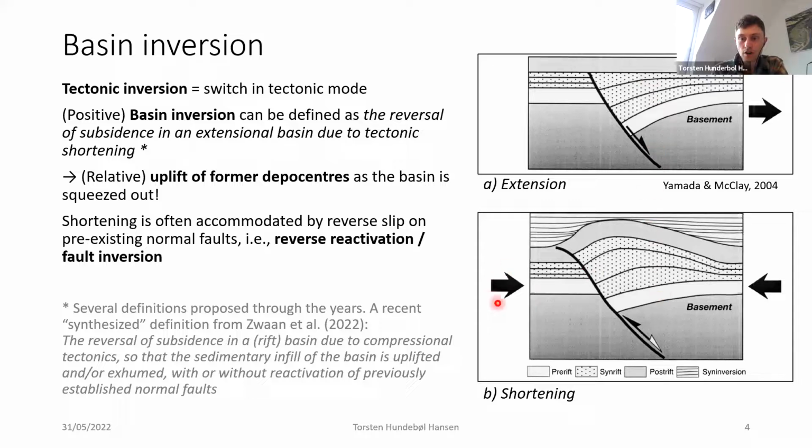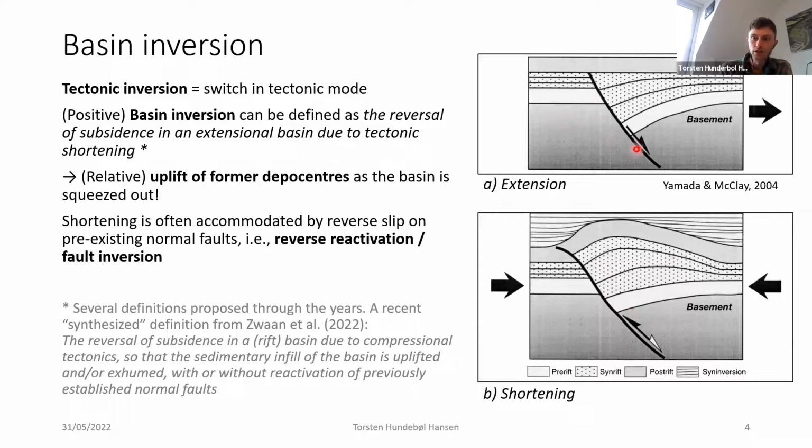If you subsequently squeeze that whole thing, insert horizontal shortening, you'll see that you get this folding, anticlinal folding and uplift of the rift epicenter here, and that shortening is usually accommodated by folding, as I mentioned, but also fault inversion.